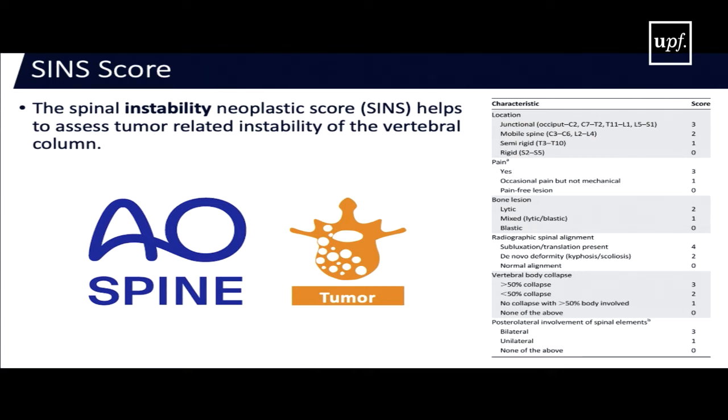And the SIN score is a very simple system for clinicians. It's a scoring system based on the clinical and radiological appearance of a spinal metastasis. And using this scoring system, you can define the risk of instability for the given patient, for the given metastasis.